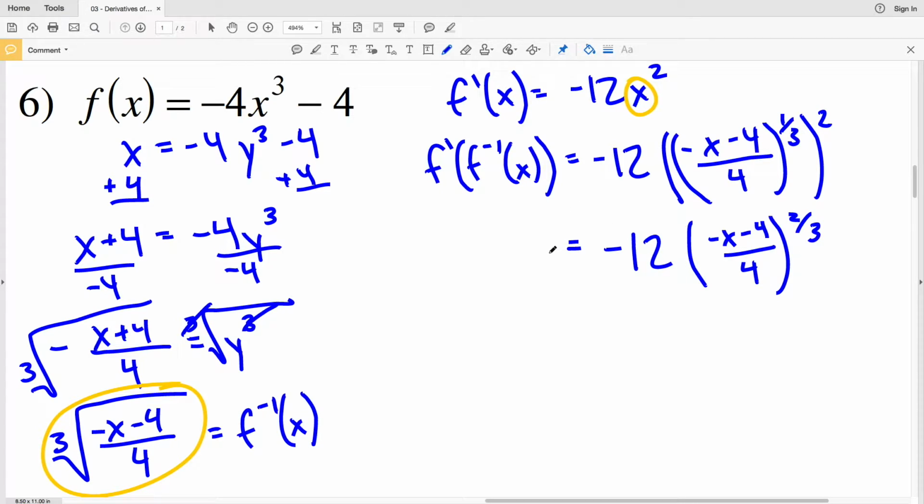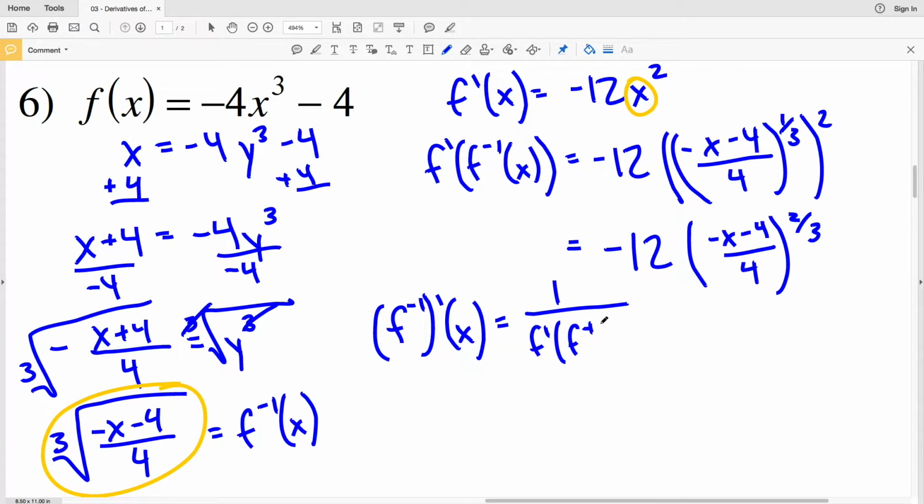But remember, for our theorem formula, the derivative of our inverse function of x equals 1 all over the derivative of f of our inverse function of x.